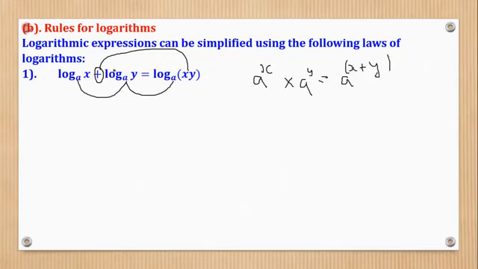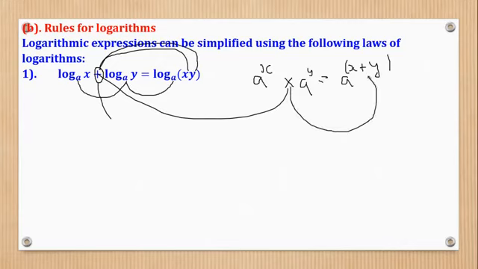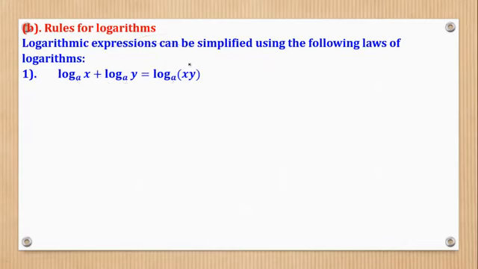Now, because logarithm is the inverse of exponentials, here we don't need a product, we need an addition. And when you have an addition here, we get a product. For indices, it was a product giving rise to an addition. But for logarithms, it is addition giving rise to a product. So that is rule 1. That's why we say inverse.